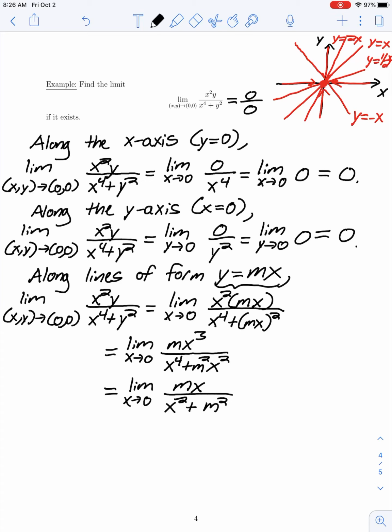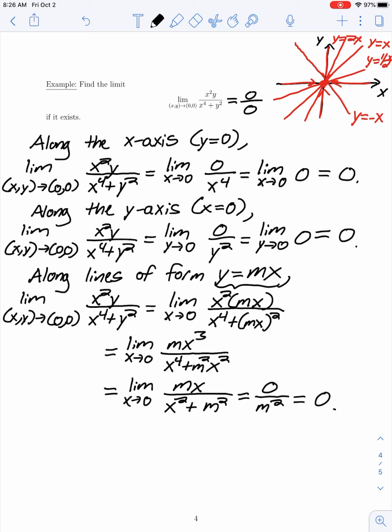And now, taking the limit as x approaches 0, well, I would have 0 divided by 0 plus m squared, which is 0.